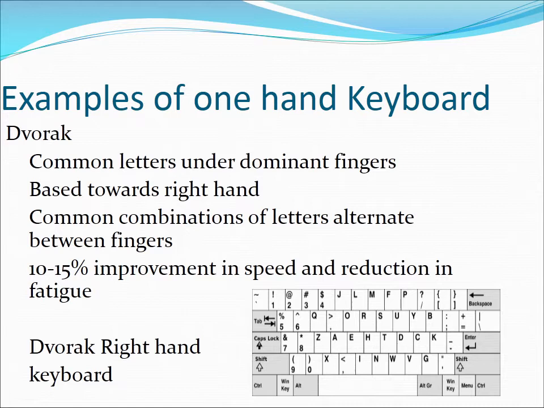That means there are some common letters or characters which are mostly used in English words, and these letters are incorporated into the dominant fingers. Also, it is biased towards the right hand because in some people, the right hand is more active compared to the left hand.